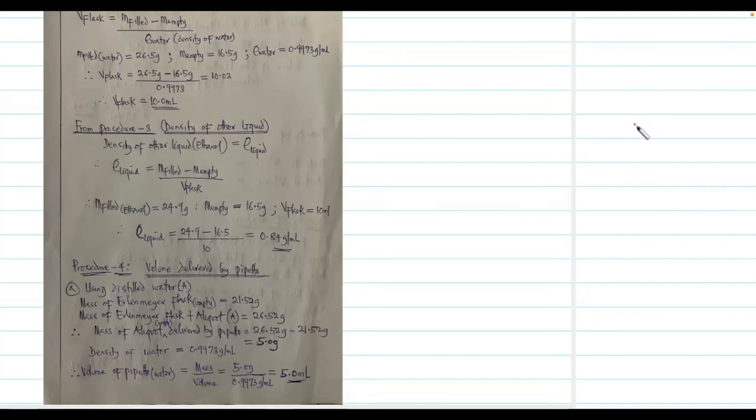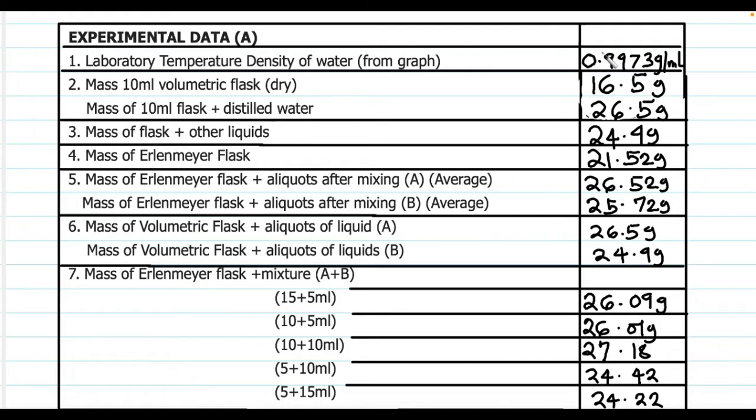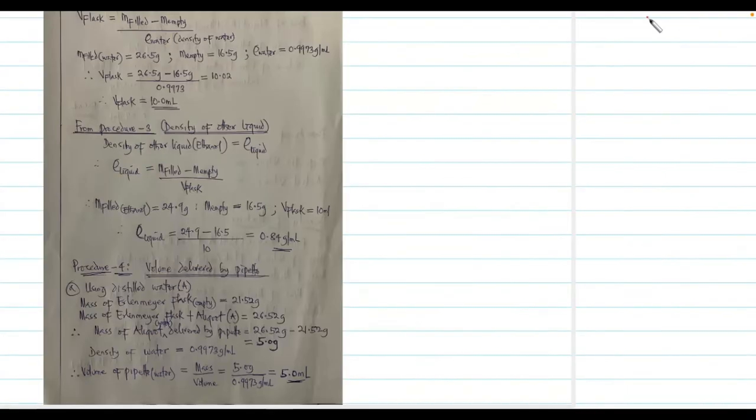So for me to get the mass of the aliquot, that is the water from the pipette, I'll say 26.52 minus 21.52. That's going to give us 5.0 grams. So the mass of water delivered by the pipette is 5.0 grams. Now remember, the density of water, they told us earlier, is 0.9973, so we already have this value.